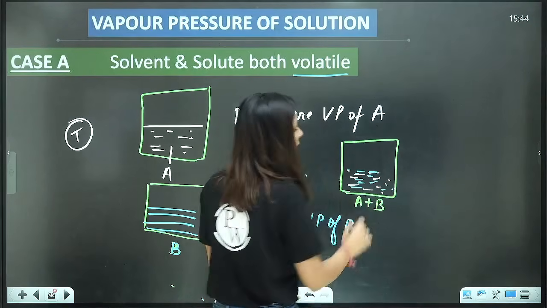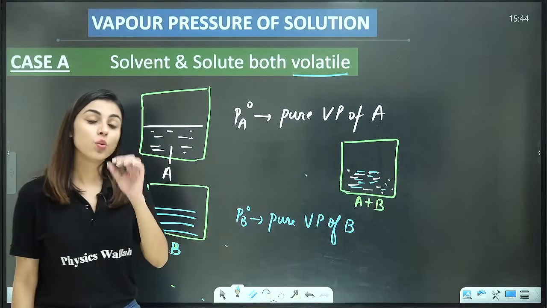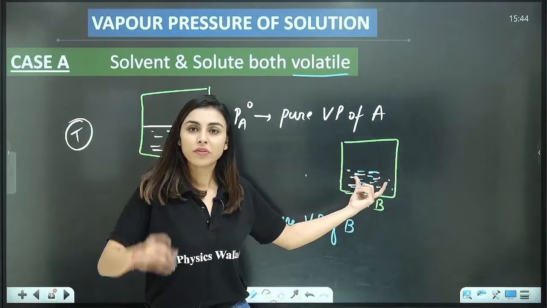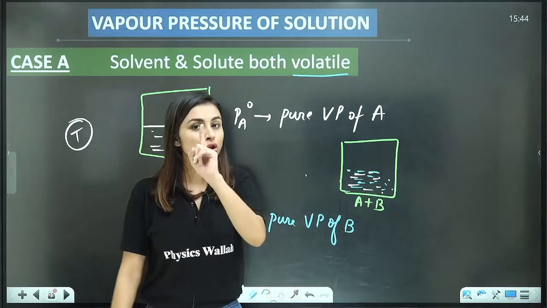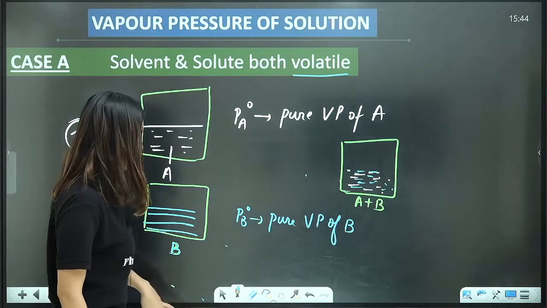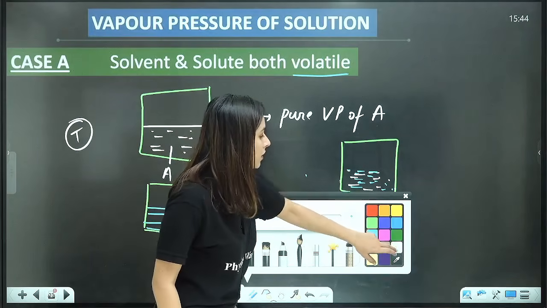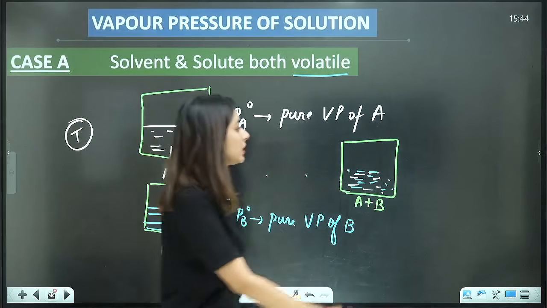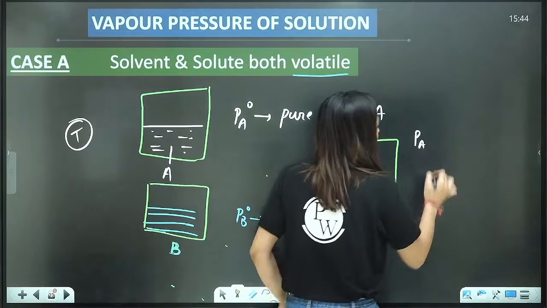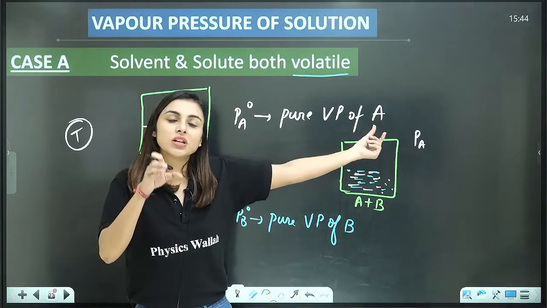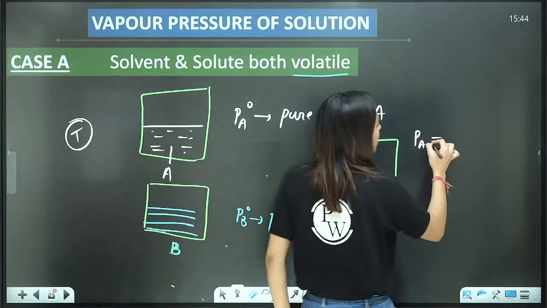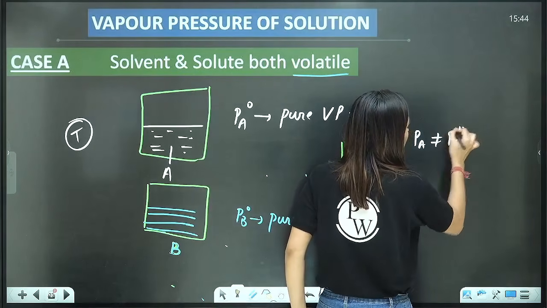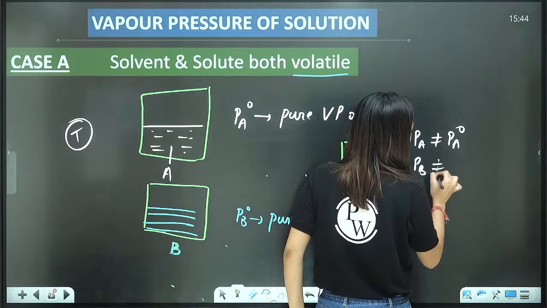Now, if I ask you what will be the vapor pressure of this container, you can say one thing: PA. What would be PA? It would be the partial pressure of A, because now it cannot be equal to PA naught. And PB will not be equal to PB naught.